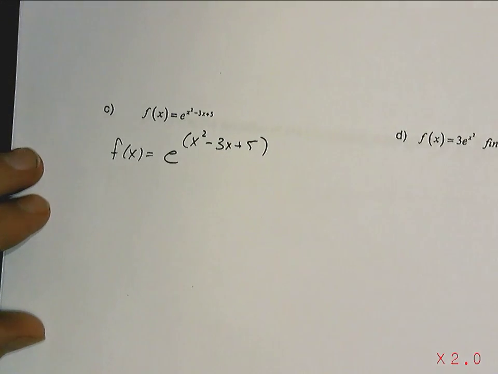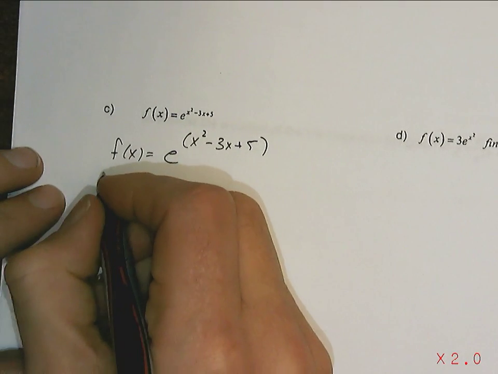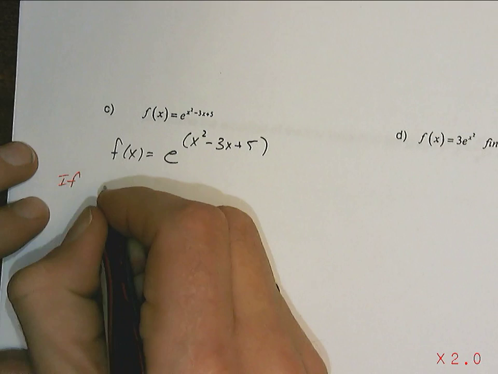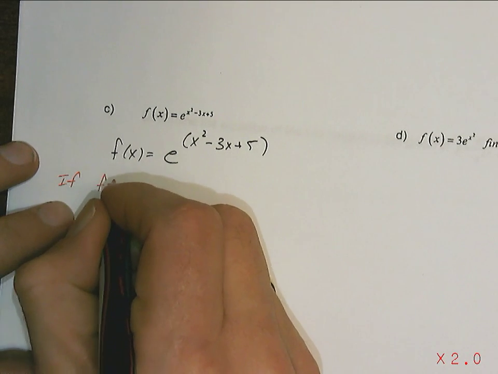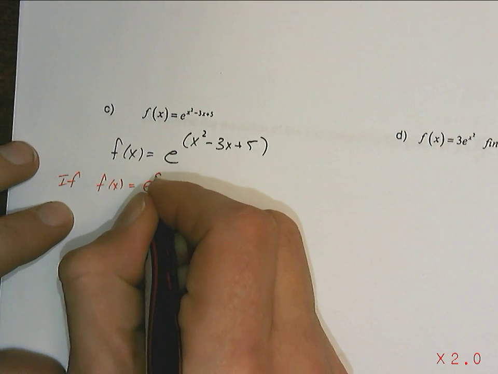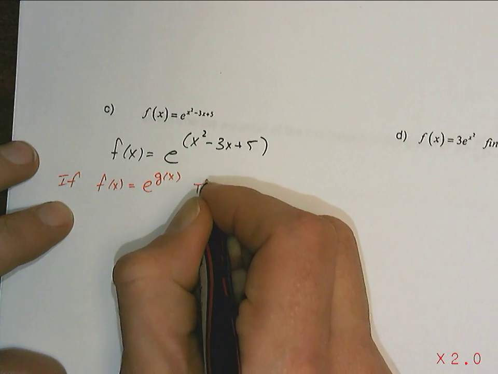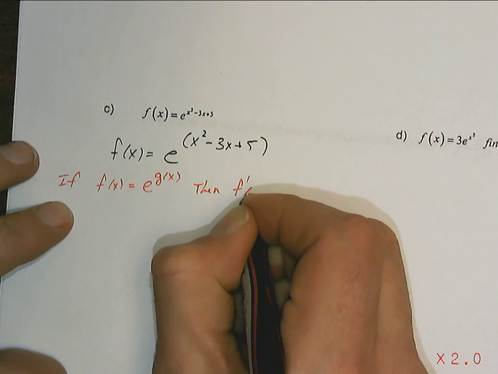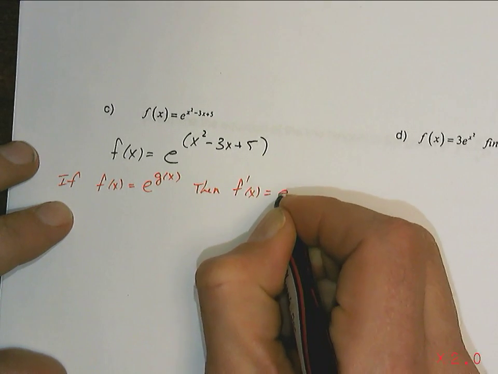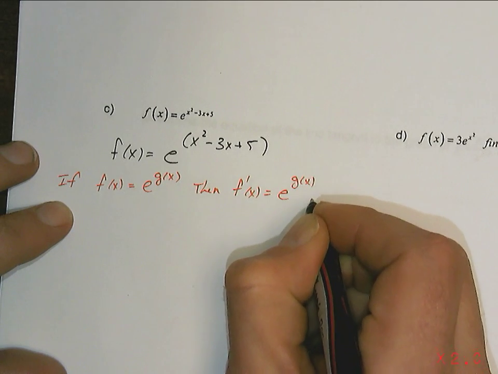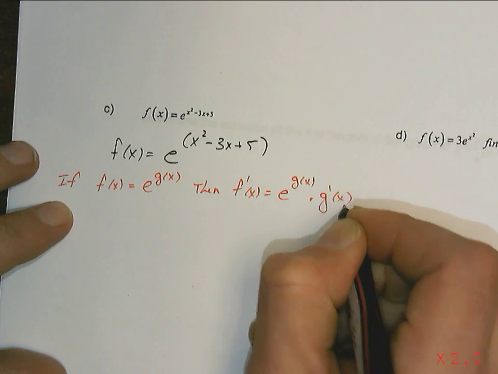Now let's recall. I haven't proven this quite the way I want to, but what I've told you is that if f of x equals e to the g of x, then f prime of x equals e to the g of x times g prime of x.